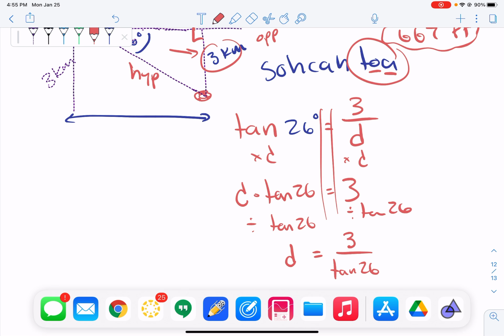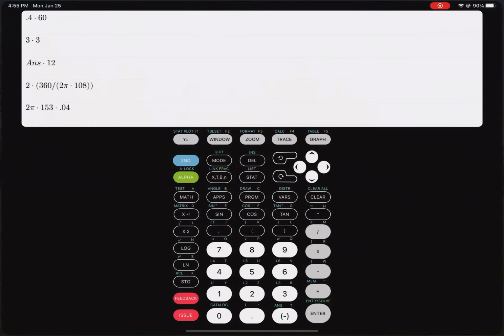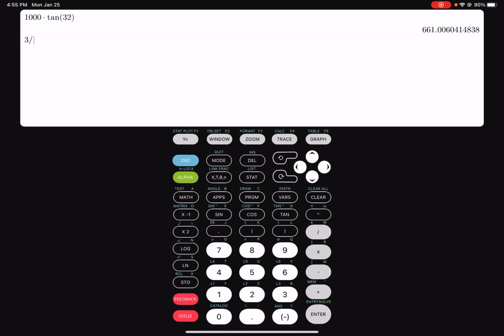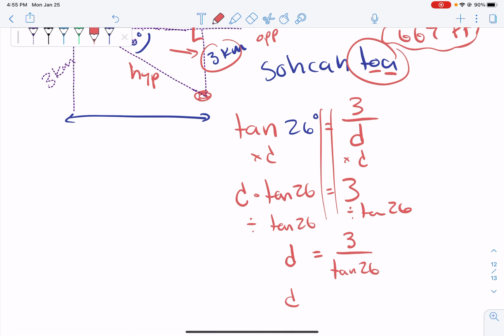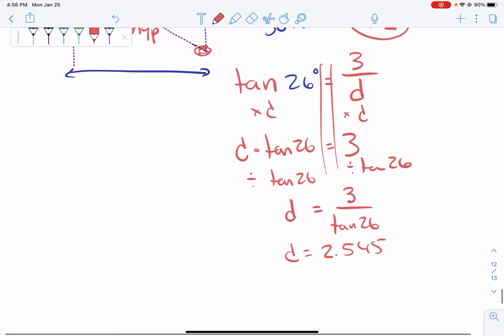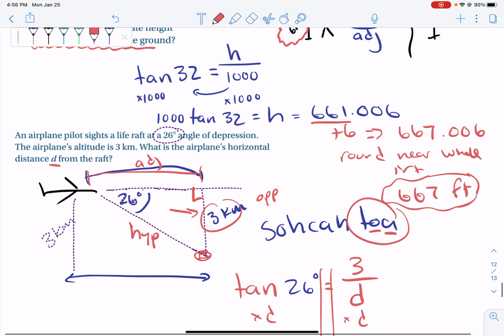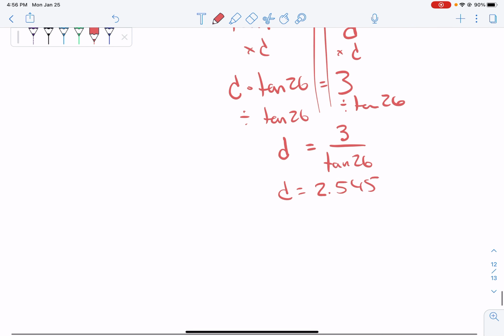And if I plug that in my calculator, 3 divided by the tangent of 26, I get 2.545. So D equals 2.545. And again, it doesn't tell me how to round.